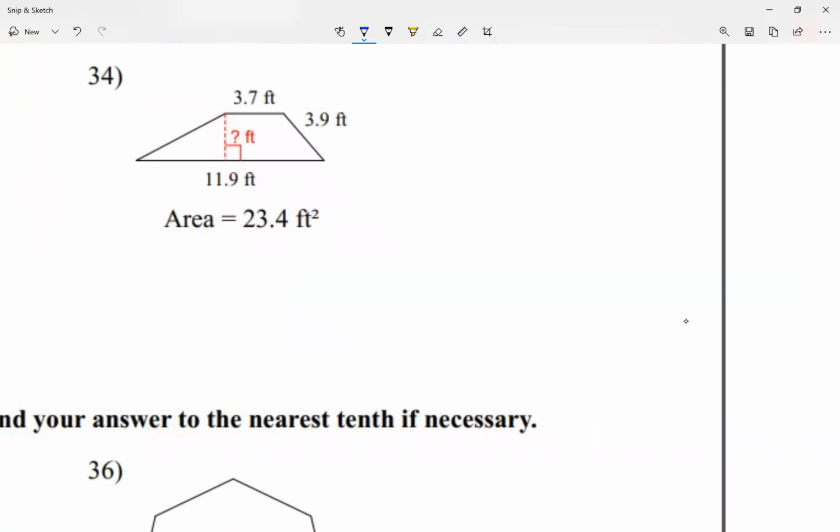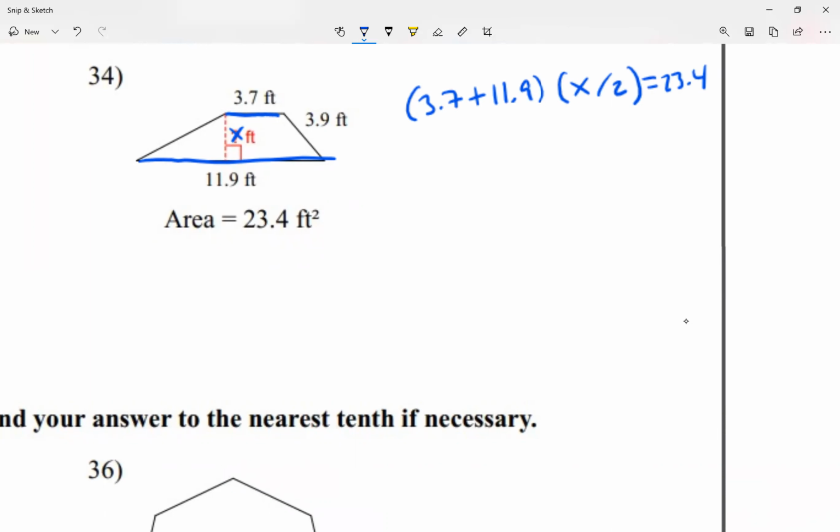Then we talk about trapezoids. Let me look at the bases, the two sides that are parallel. Have to add my bases, 3.7 plus 11.9. This other parenthesis, I'm going to do height divided by 2, which is x divided by 2. You guys can tell I don't know the height, so I'm going to call it x. And all of this is equal to the area, which is 23.4. For my two parentheses, let me work the one that I can.